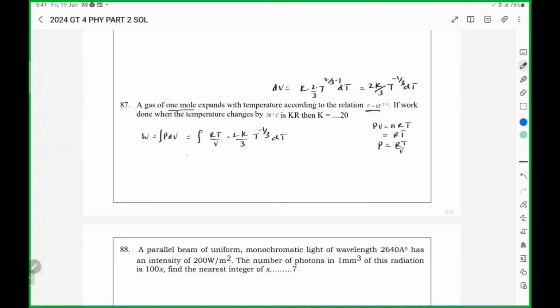So volume is K T power 2 by 3. T into T power minus 1 by 3 dT. So R I took T by V, 2K by 3 dT.